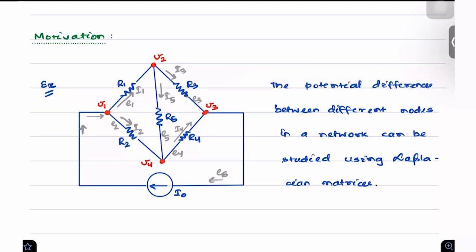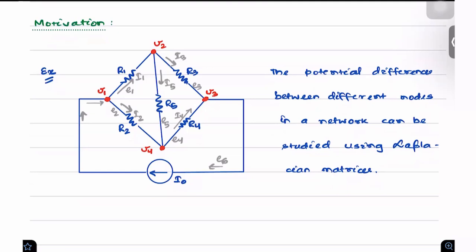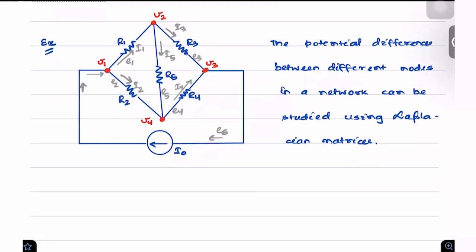So now I would ask the students to pause the video right here and try to figure out by themselves if in any way can we use the incidence matrix to describe any of the relations of the variables that are associated with the circuit. Okay, I hope you have tried it out and also figured out that the current relations can be easily expressed using the incidence matrix. So how do we do that? So in order to do that, let us first write out what is the incidence matrix associated with this graph.